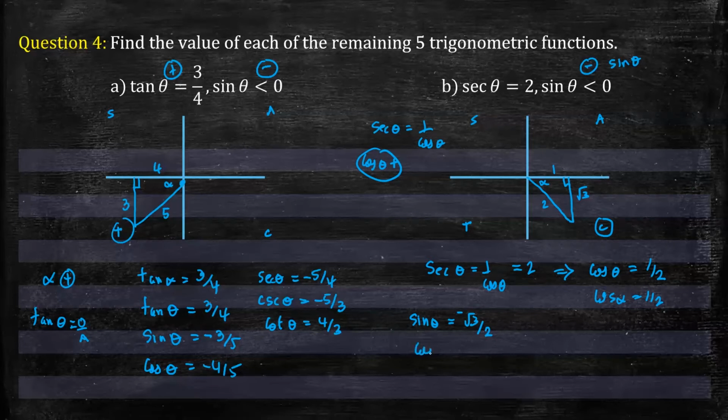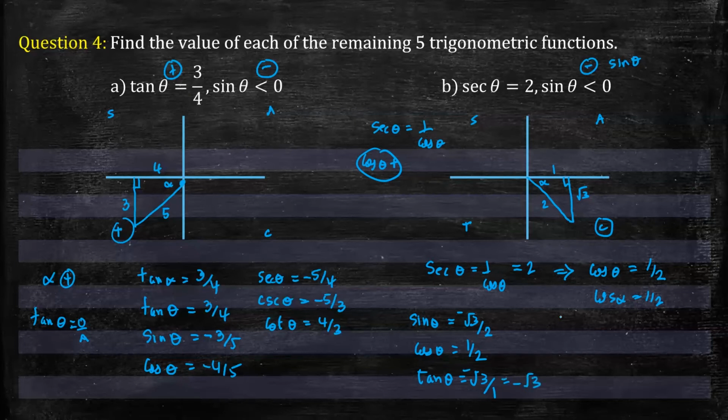Cos theta, which we have already, cos is 1 on 2, and cos is positive in that quadrant. What about tan theta? Tan theta is opposite on adjacent, so √3 on 1. But tan here is negative in this quadrant, so it's negative √3, like that.